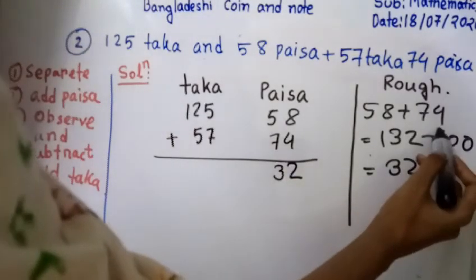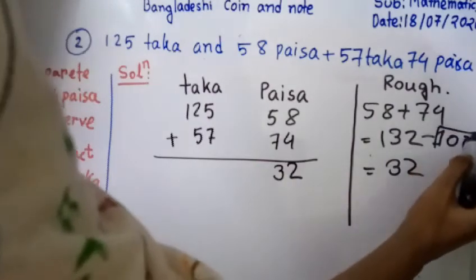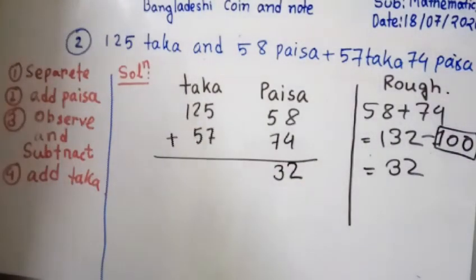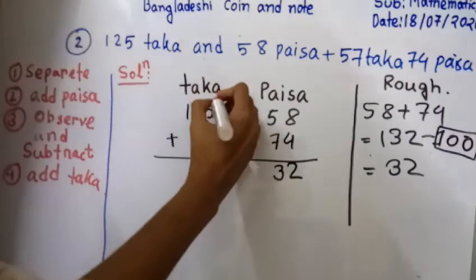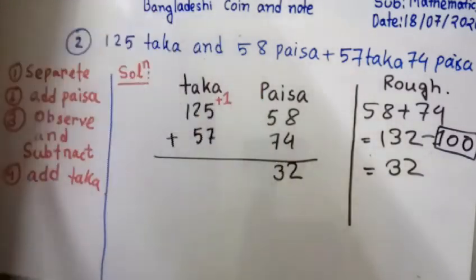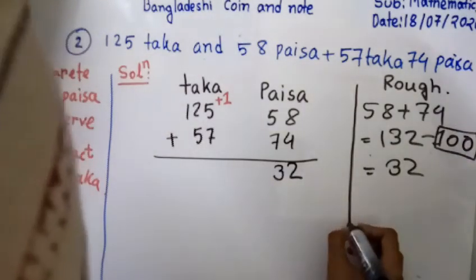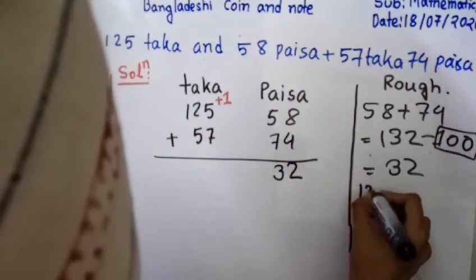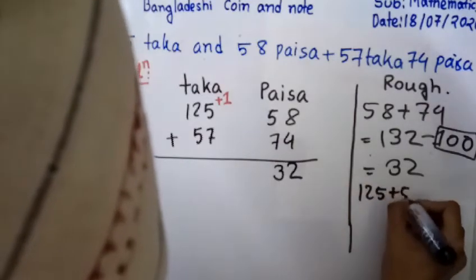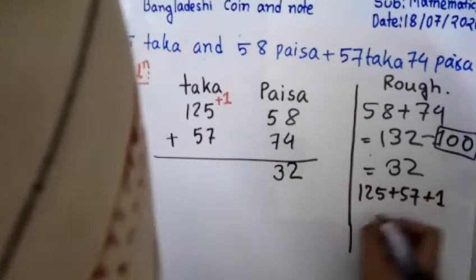Though we get 1 extra taka, so we will add 1 taka here. Then we will add 125 plus 57 plus 1.